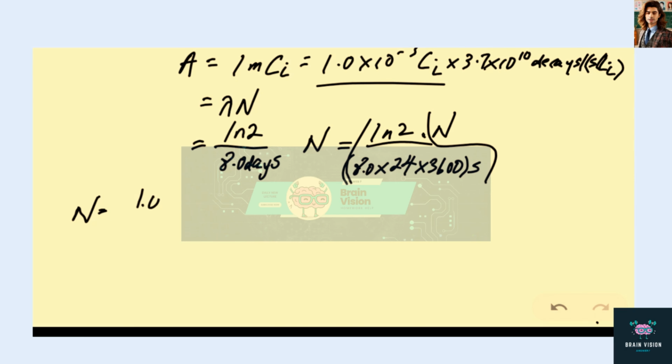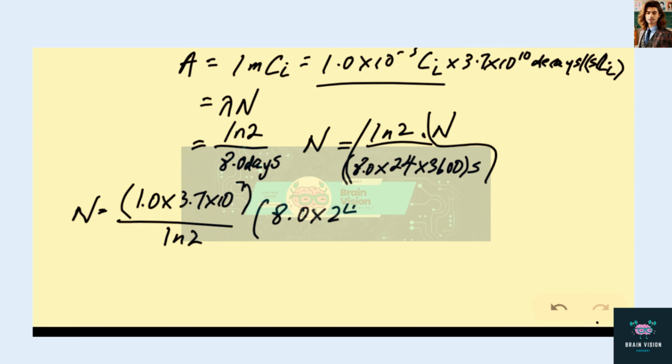So we should get 1.0 times 3.7 times 10 to the power 7 divided by ln 2 multiplied by 8.0 times 24 times 3600. You should get a value of 3.69 times 10 to the power 30.